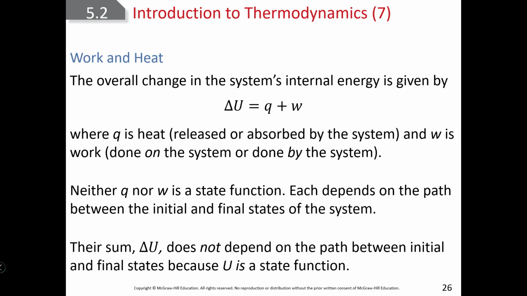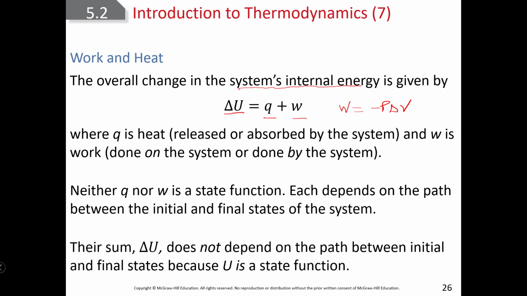This equation shows the change in the internal energy of the system, which is given by heat plus W, which is work. Work has a very specific definition for chemists here. We're going to say that work is equal to negative the pressure times the change in volume.